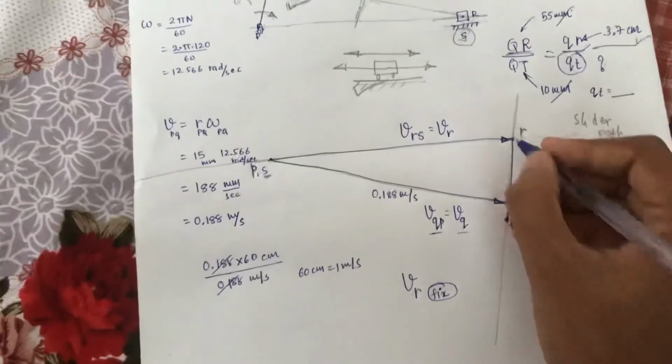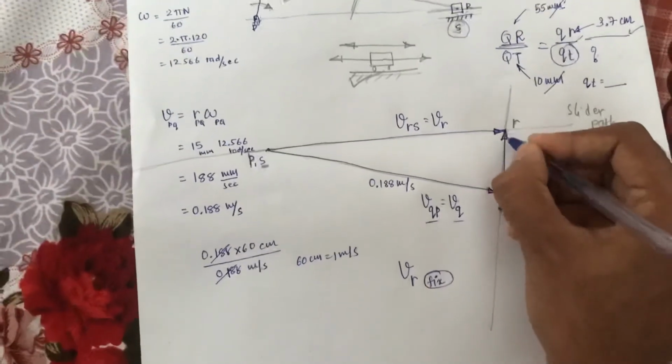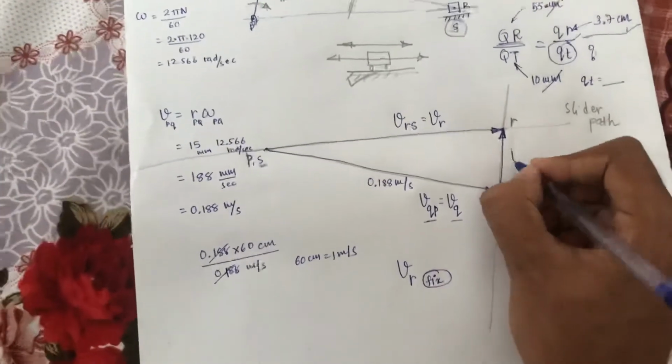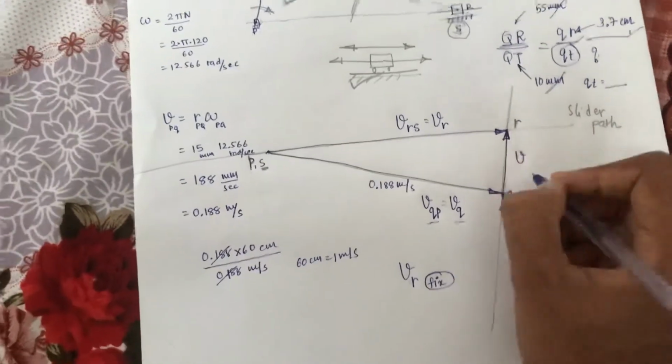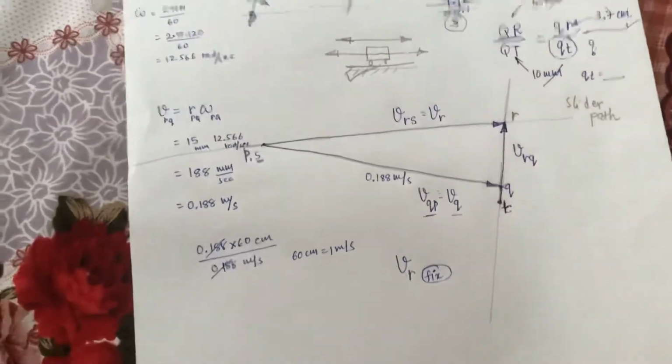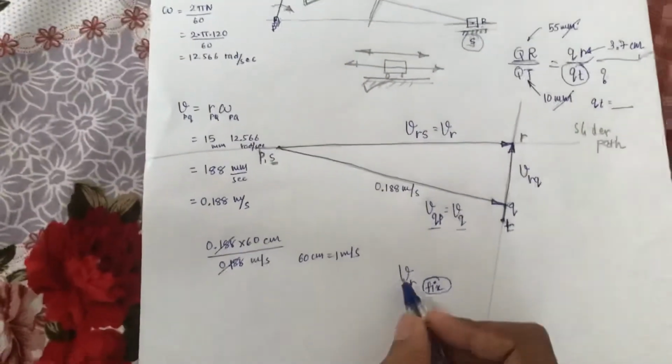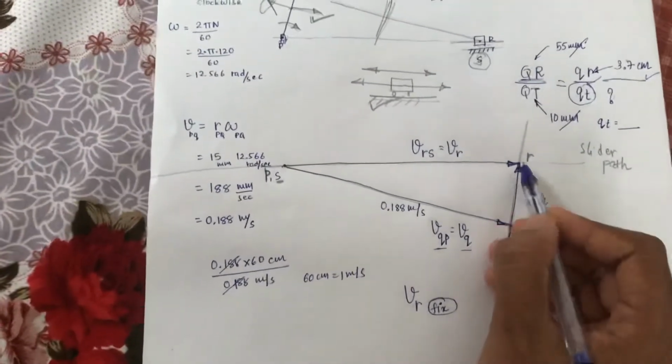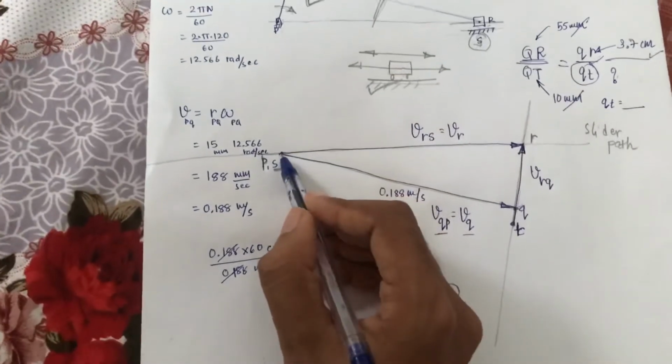While in RQ, you may draw the arrow towards upside or downside, so the notation will be according to that. Here I drew upside, that is the velocity of R with respect to Q. Now the velocity of R with respect to fixed: measure the R to fixed distance.